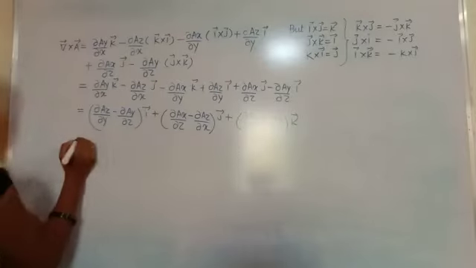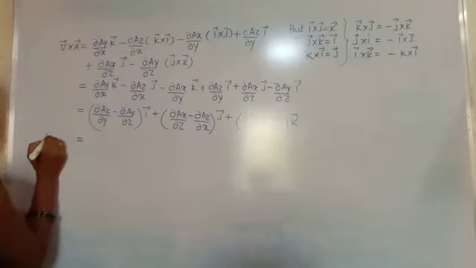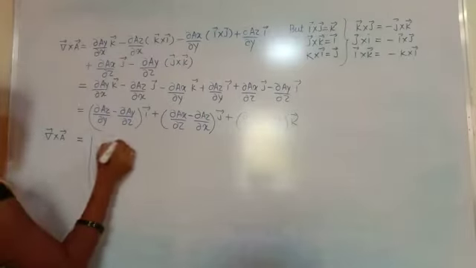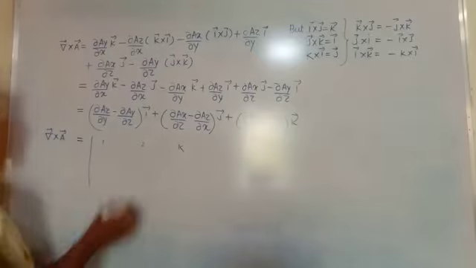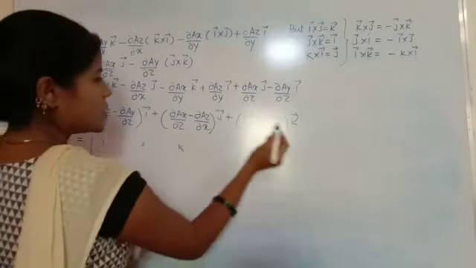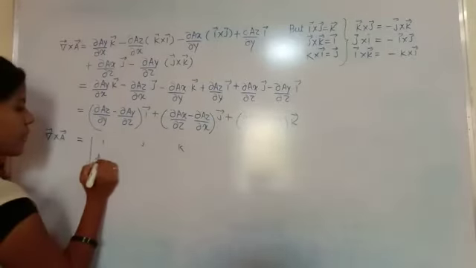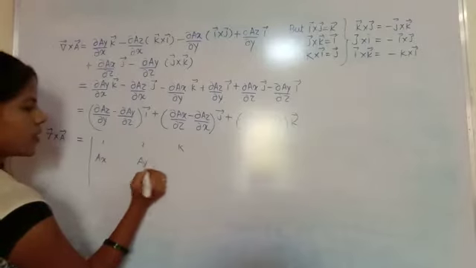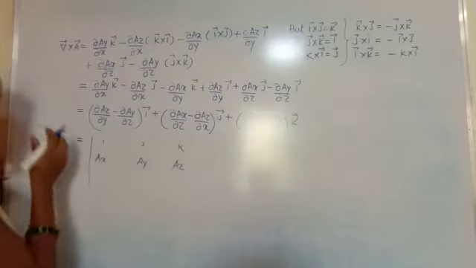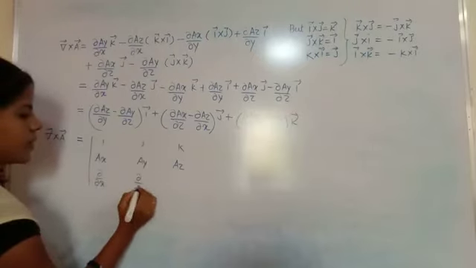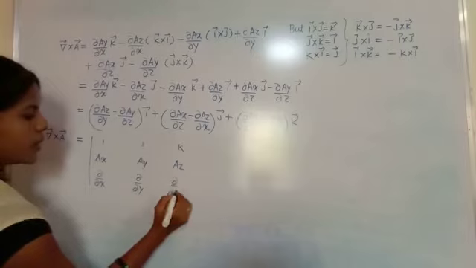After that we arrange this in matrix form. This is the operator cross A. This is nothing but the solution of the matrix, which can be written with i, j and k, because these are the three coordinates, then the components Ax, Ay and Az, and last del by del x, del by del y and del by del z.